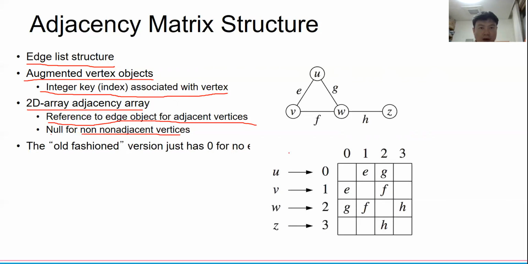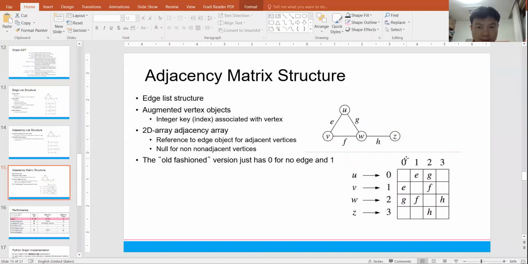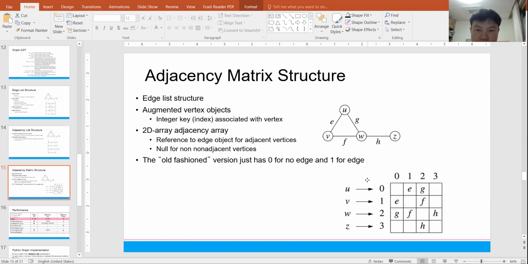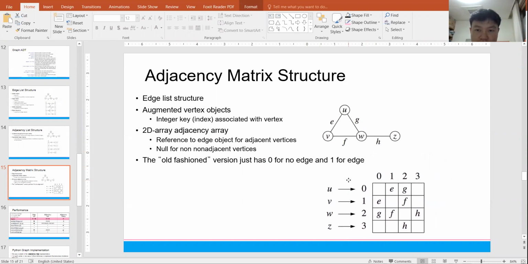The old version just has 0 and 1. If it is 0, it means we have no edge, and if it is 1, we have an edge.